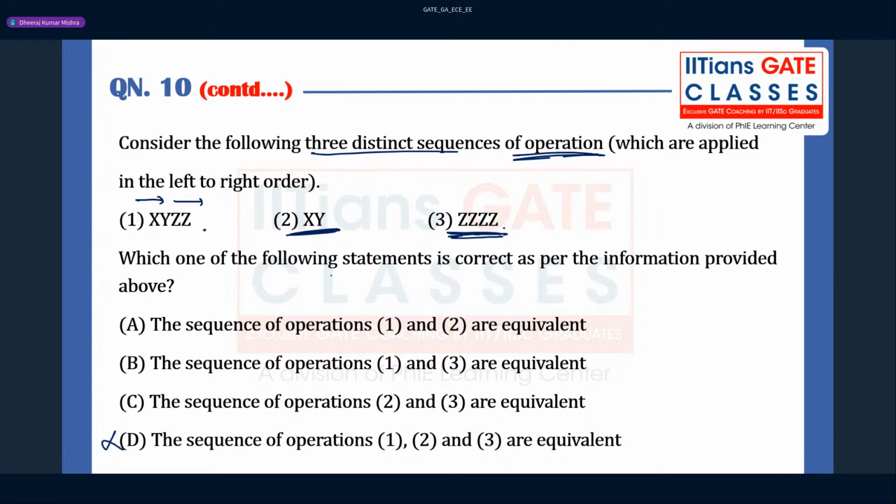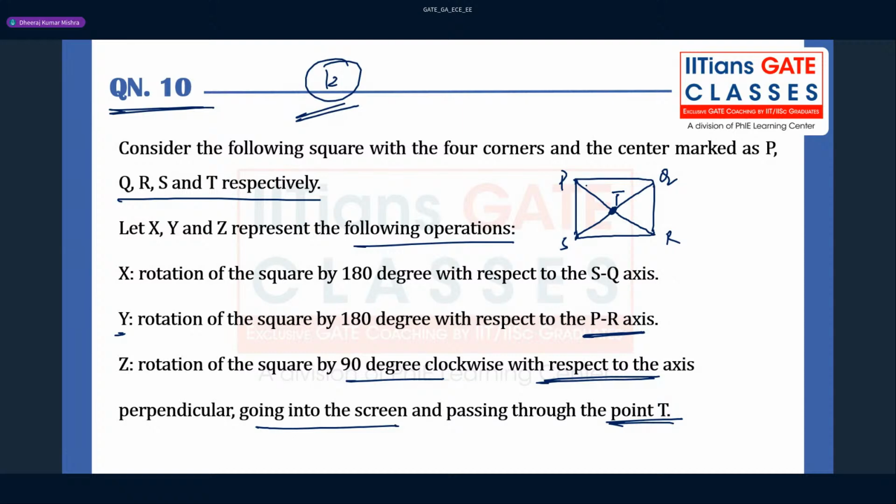So if you rotate 180 degree with respect to SQ, what will happen here? This is a very good question that you can understand. So please try to solve this question again.